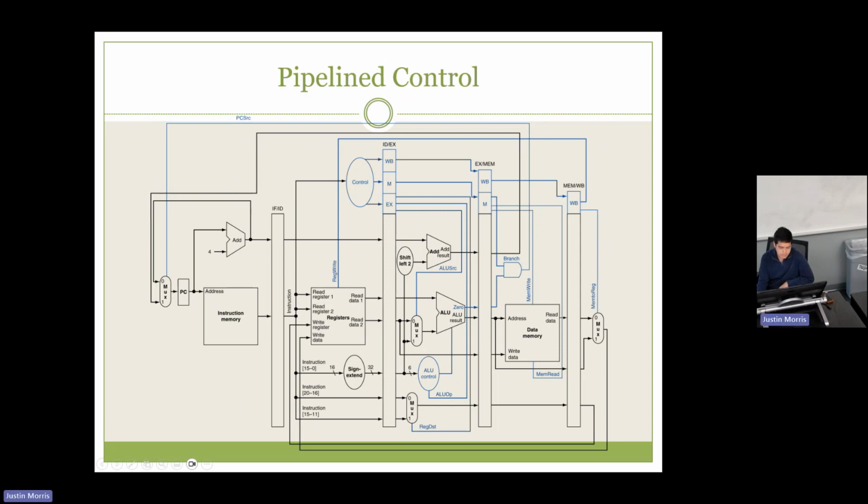So they're calculated in decode, saved here, and consumed in execute. And what are we using in execute? Is it RT data or is it sign extended immediate? What is ALU op? Right? And that's determining, along with funct, what is the ALU going to do? And then what is my register destination? Is it RT or is it RD?